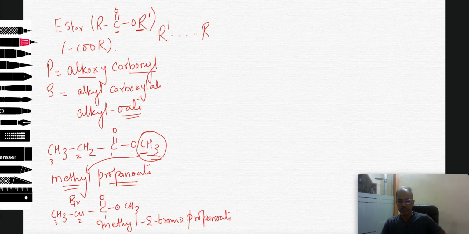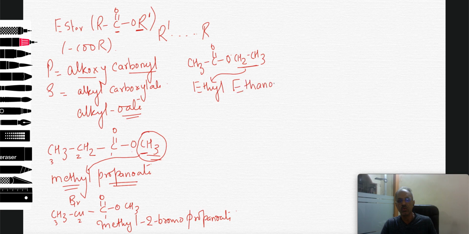Now similarly, we can say CH3-C=O-O-CH2-CH3. So this will be ethyl, because this is an ethyl group, so it has come here. This is 2 carbon, so ethyl ethanoate. Ethane, E is replaced by oate. Ethyl ethanoate.